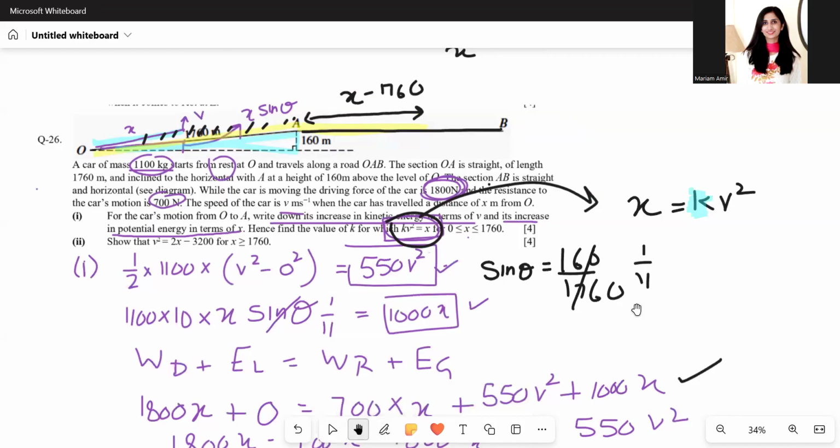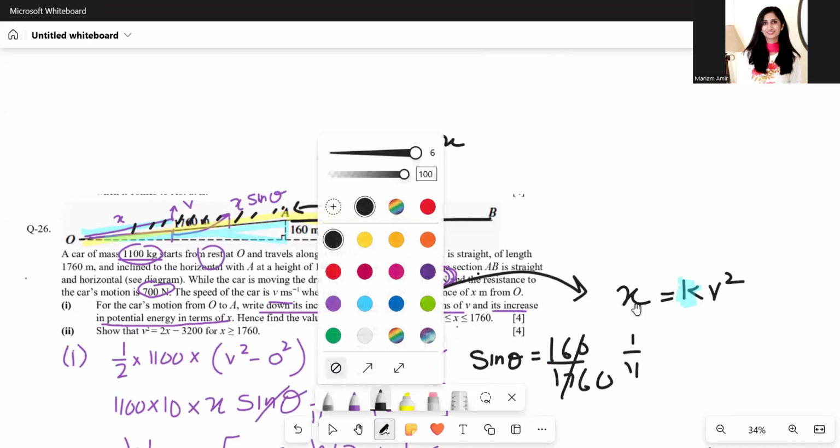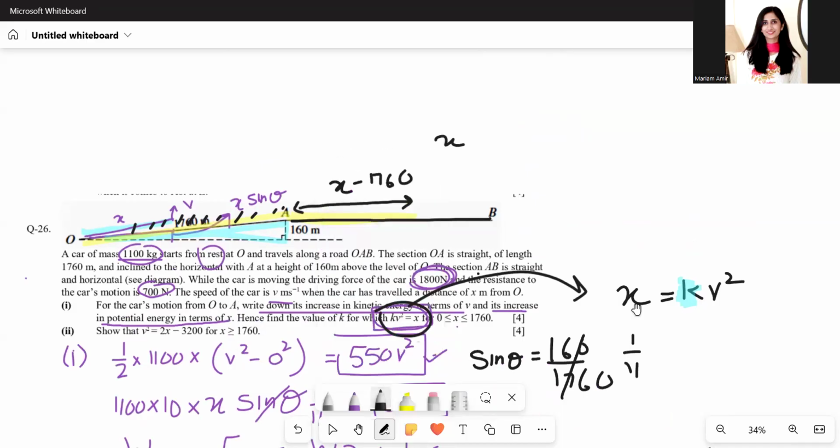Okay, so let's apply the work-energy formula here as well, which is work done by driving force plus loss in energy is equal to work done by resisting force plus gain in energy. Work done by driving force would be, again, the driving force is 1800 and the distance is x minus 1760, plus loss in energy.